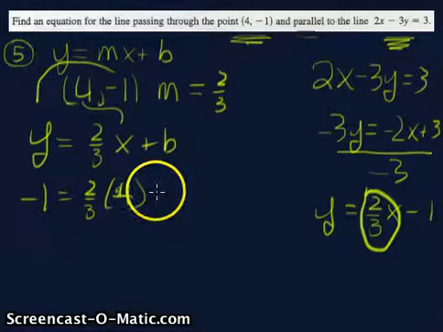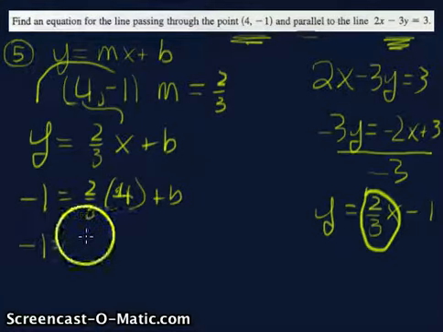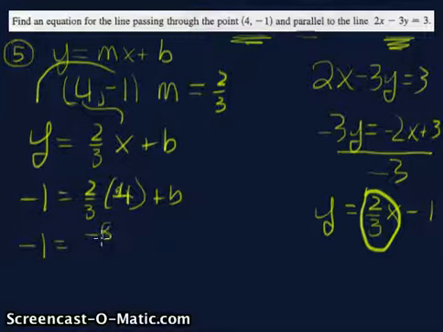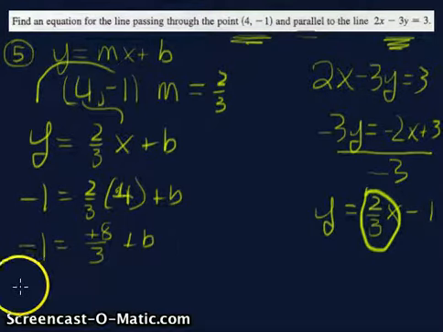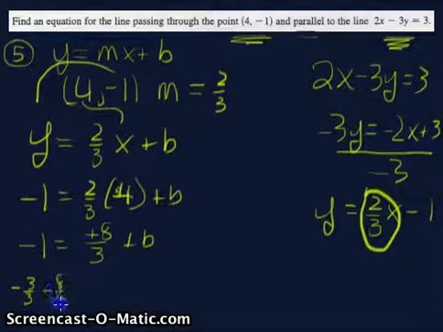So -1 is equal to 8/3 plus b. We got to subtract 8/3. So on the left side, I have a -3/3 minus 8/3, and that's going to be b. Now we know that is -11/3.